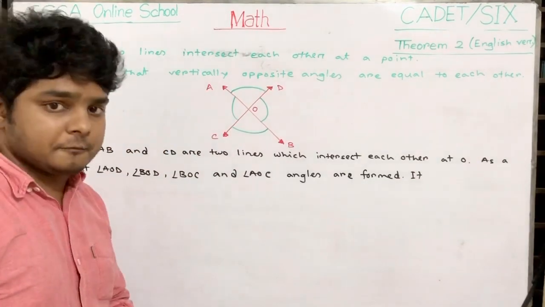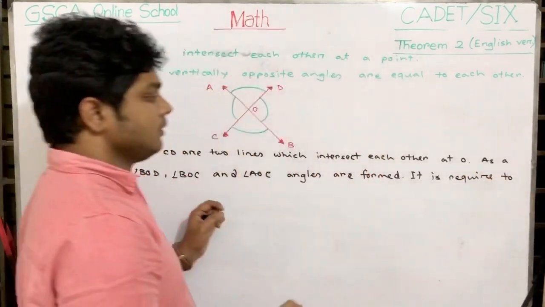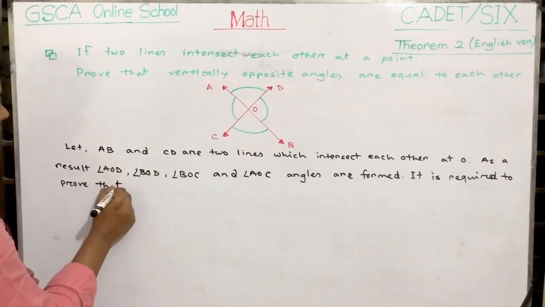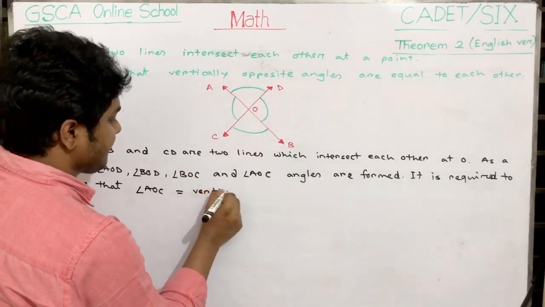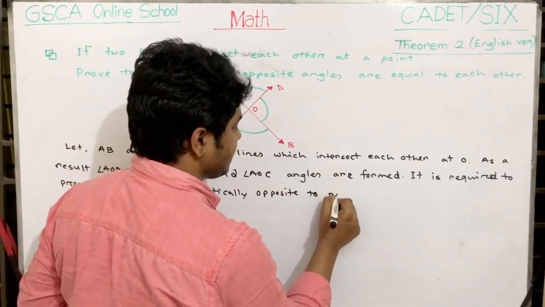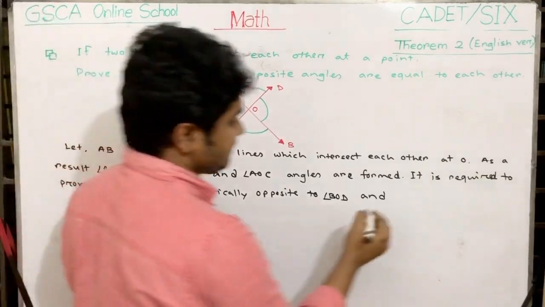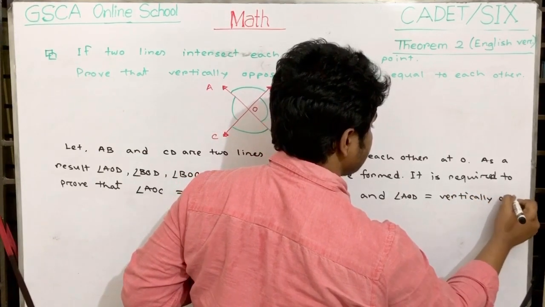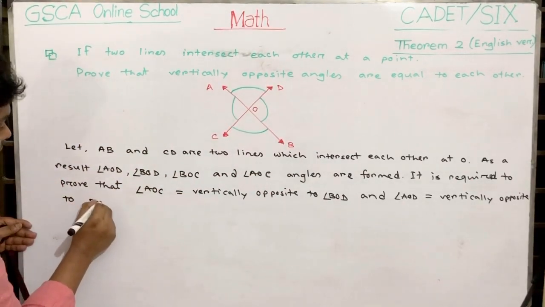So what do we need to prove? It is required to prove that AOC is equal to its vertically opposite angle BOD, and AOD is equal to its vertically opposite angle BOC.